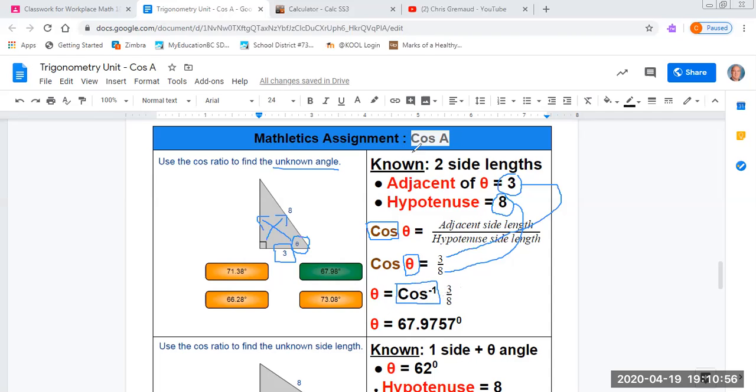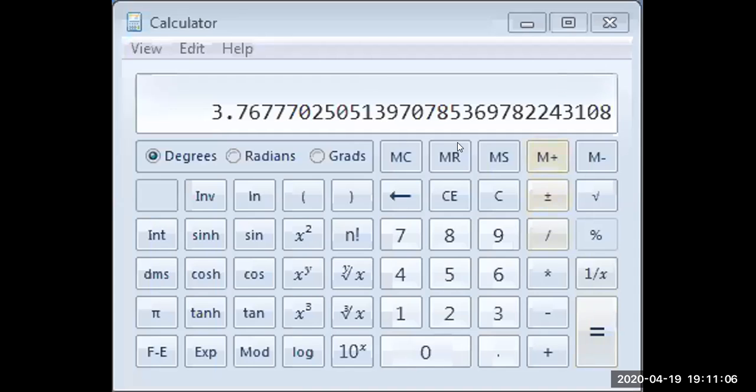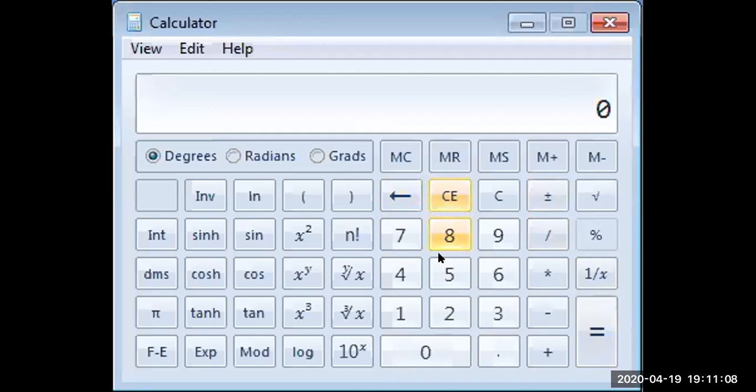Let's take a look at how we can do that using a calculator. I'm just going to use my computer calculator here, and I'm just going to clear this off. What I'm looking for is what 3 divided by 8 is, and that would be this figure here.